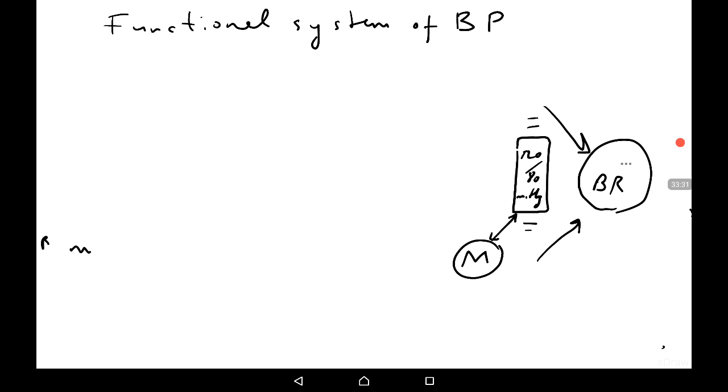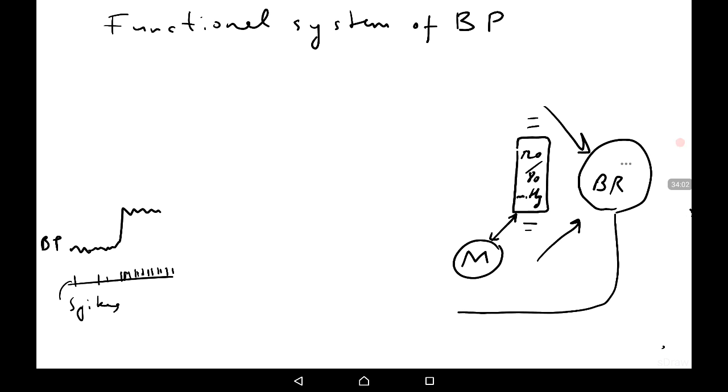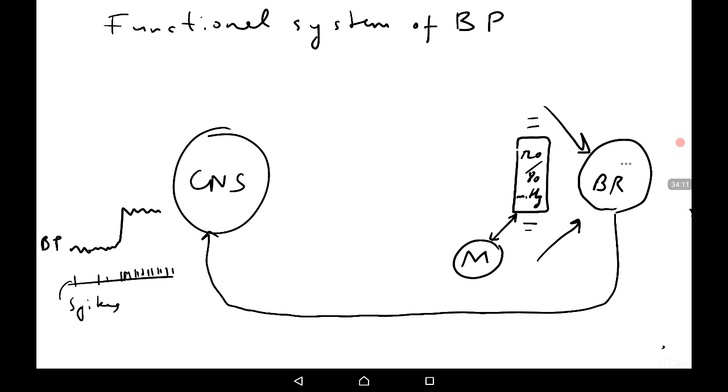So BP: when BP increases, then the impulses in the special nerves which are beginning in the baroreceptors, reflexogen areas, the frequency of impulsation, these spikes, increases, and these impulses through the special nerves are directed into the central nervous system.